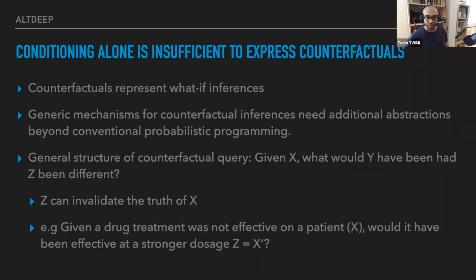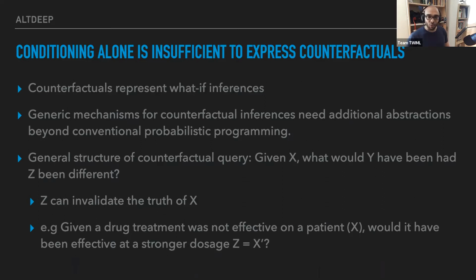Obviously we can condition on evidence and predict the values of other variables. But we need to go beyond conditioning: we can also do interventions by setting variables to specific intervention values and doing forward propagation from there.